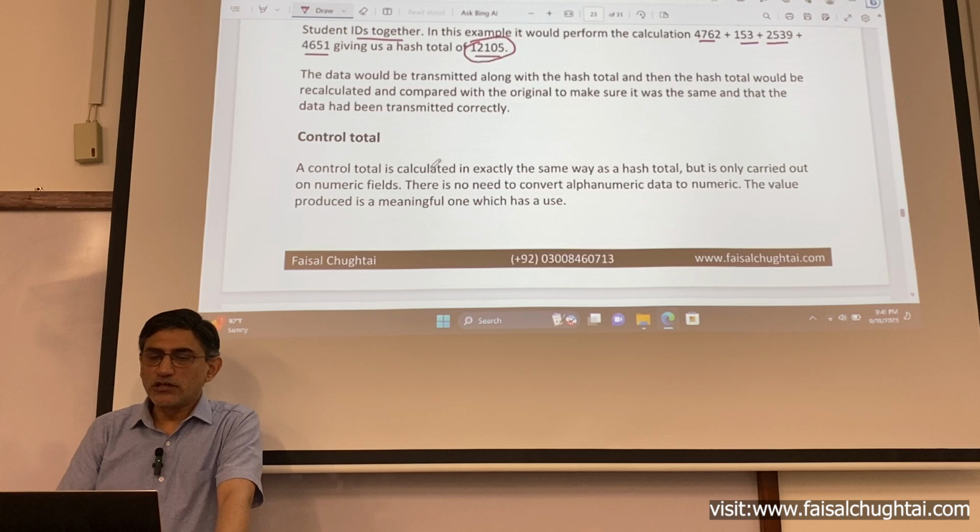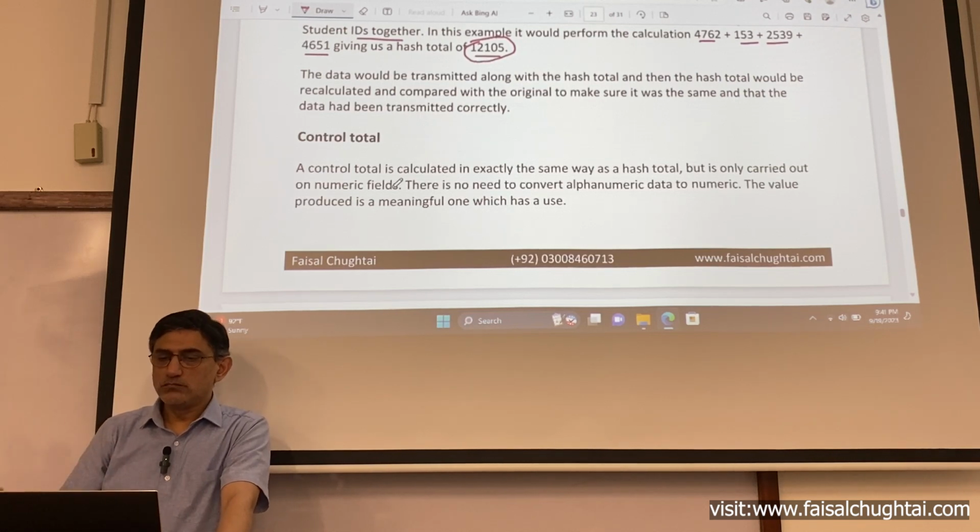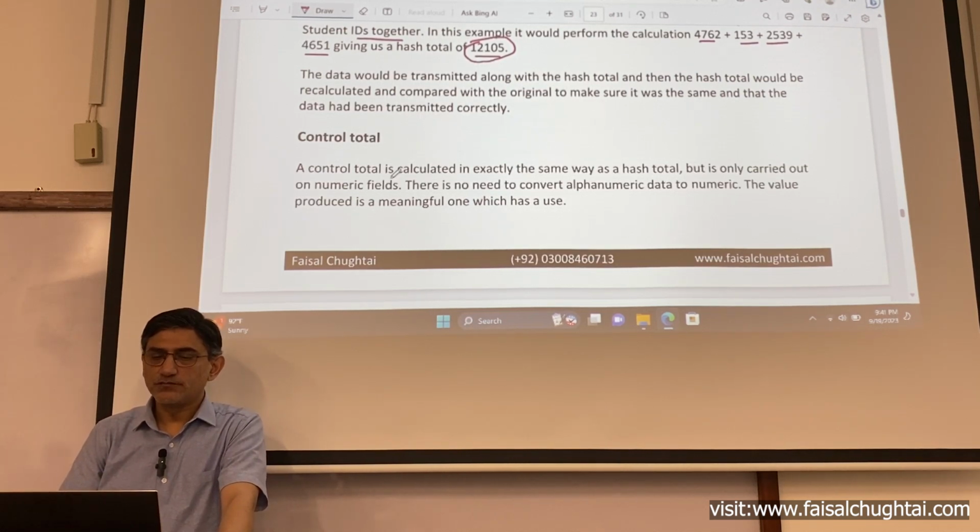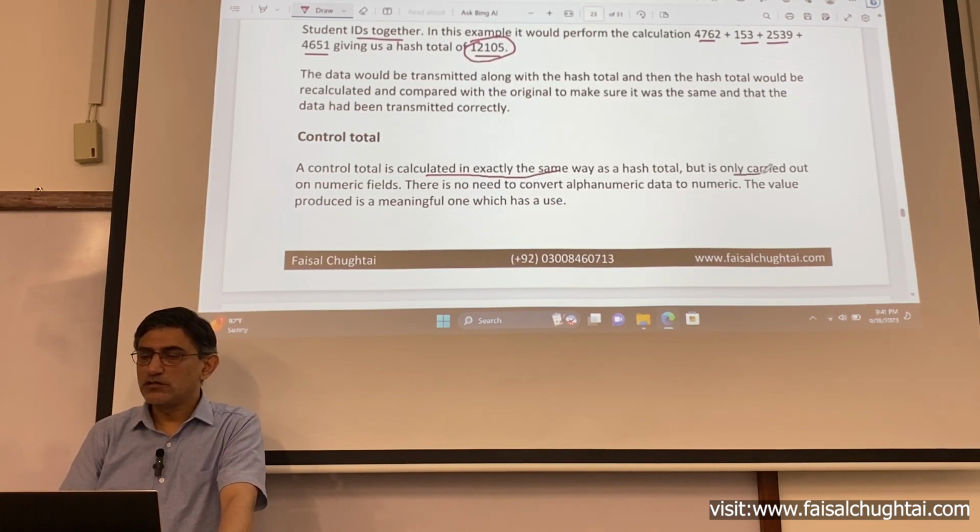Okay. So control totals are more or less the same as hash totals. They are calculated in exactly the same way, but are only carried out on numeric fields.